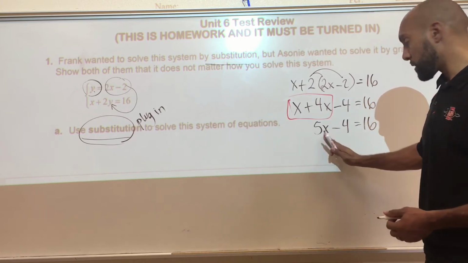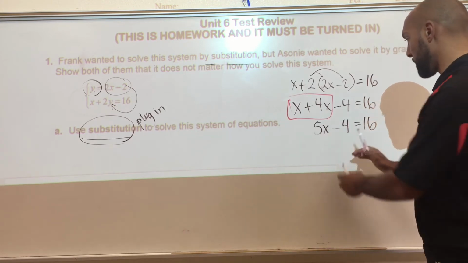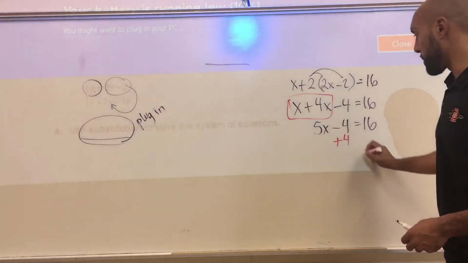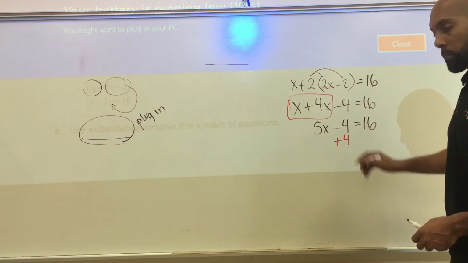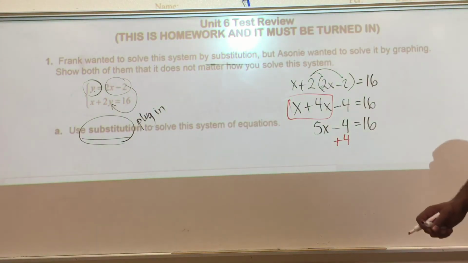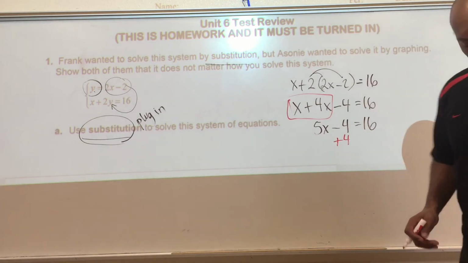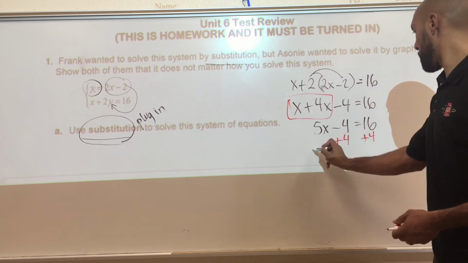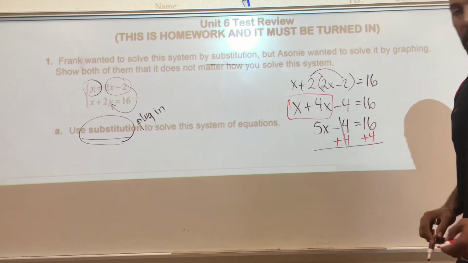And again, I want x to be by itself, so I need to get rid of this 4, because it's hanging on. I'm going to add it to both sides. Cancel that out.